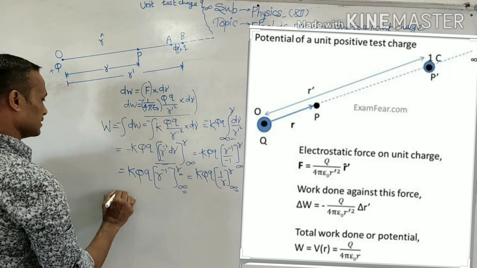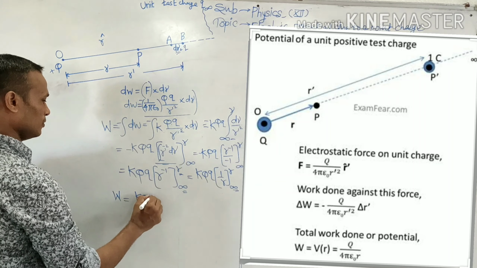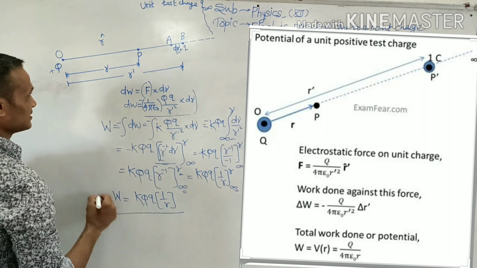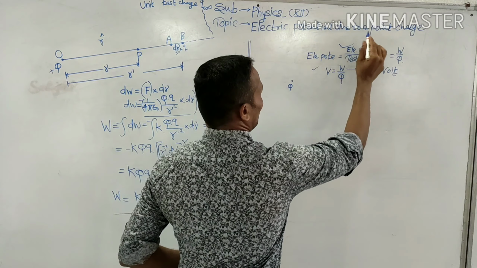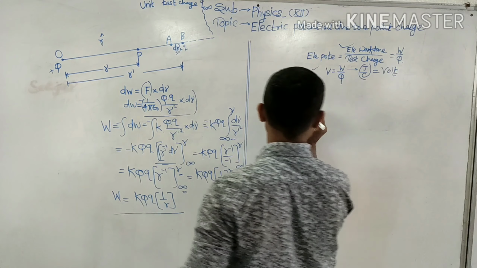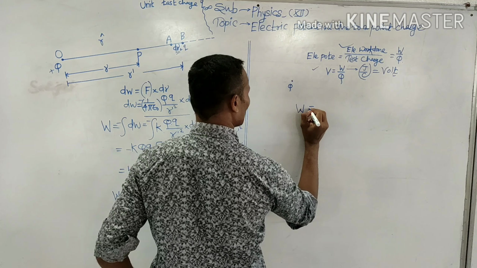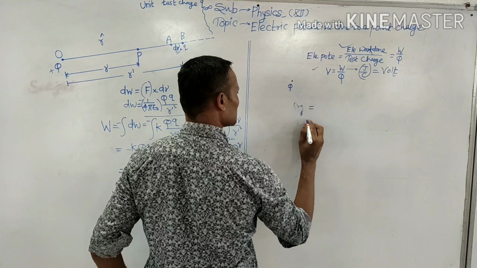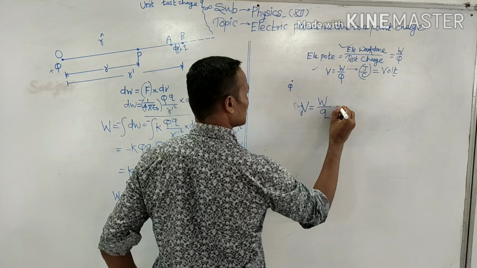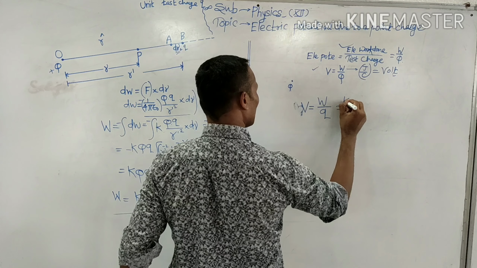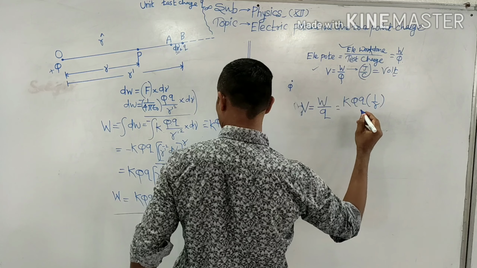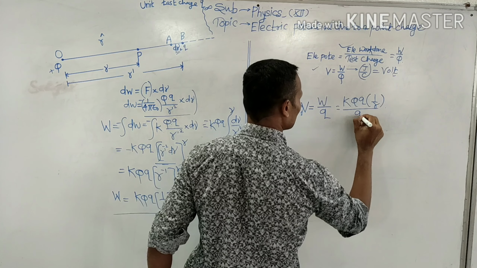So work done is nothing but K, Q into 1 upon R. This is the electrical work. So what is the net work done? Electric potential is nothing but work done upon test charge. So work done here is K, Q into 1 upon R, upon the test charge.